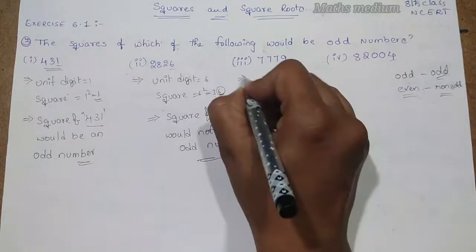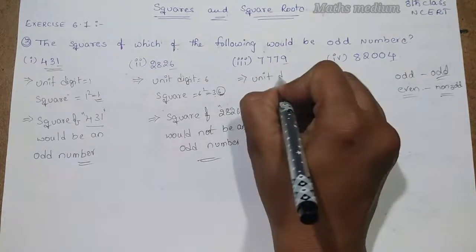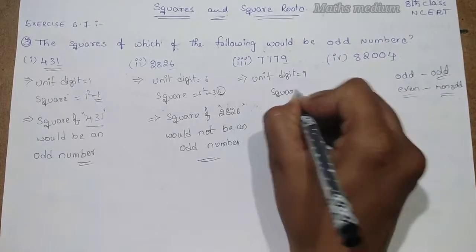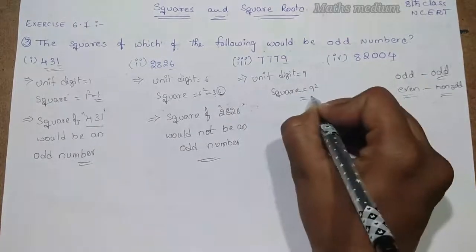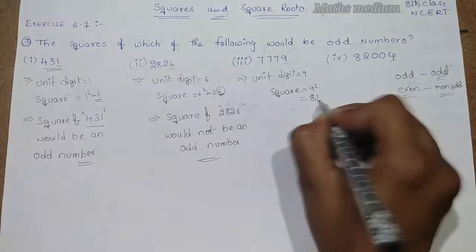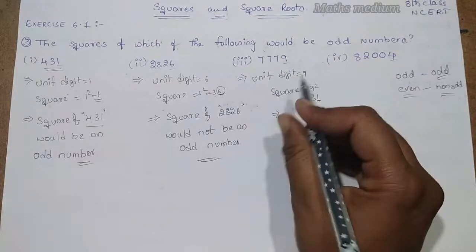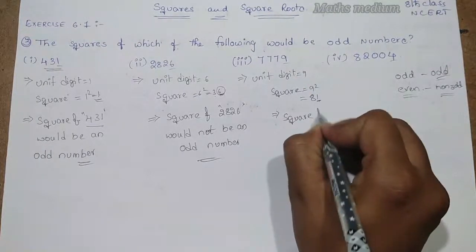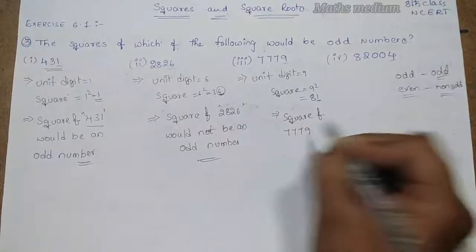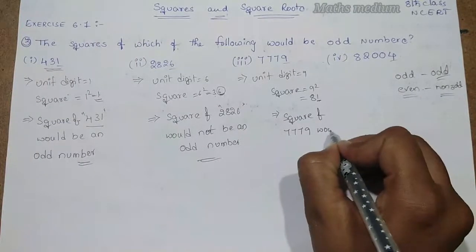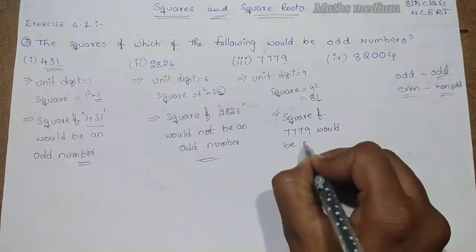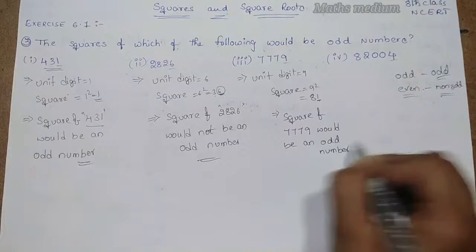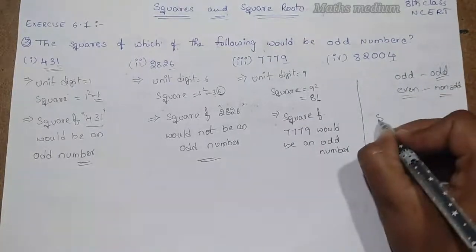Similarly, this also, unit digit is equal to 9, square is equal to 9 square, that is 81. In this place we have 1, so this is also an odd number. Square of 7779 would be an odd number. Next, finally, this 82,004.